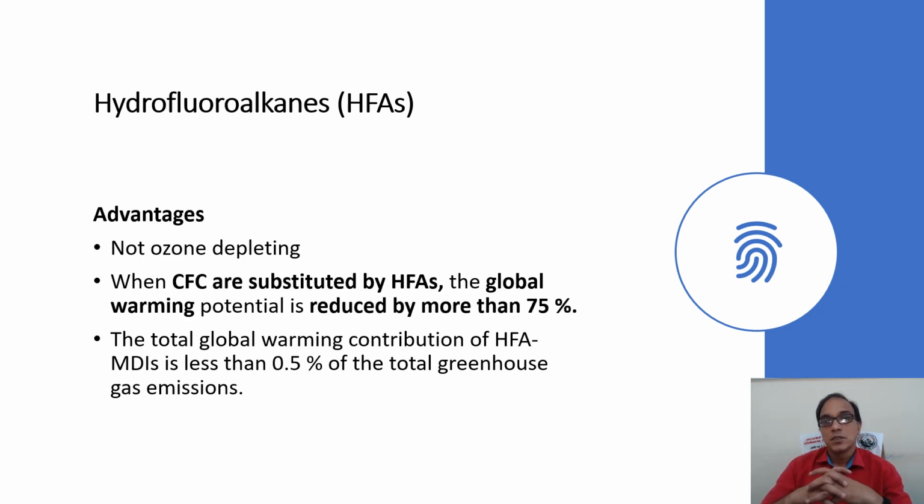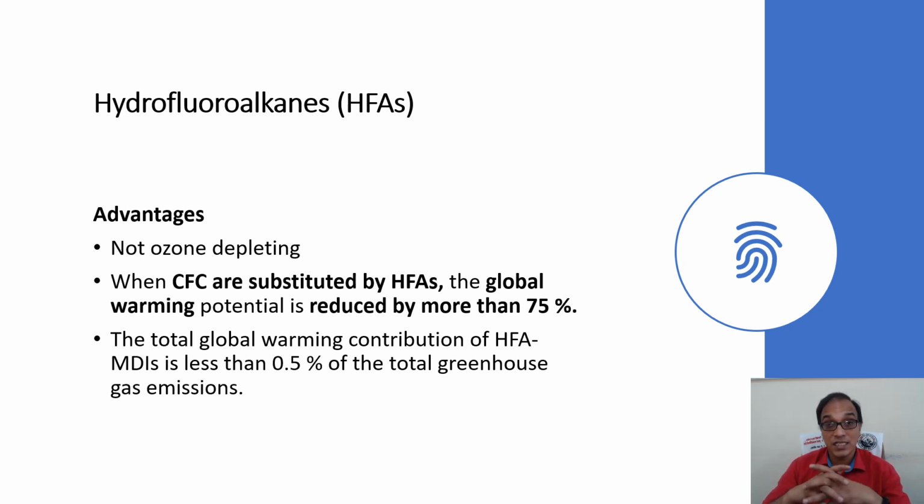And the most important point is they are environment friendly. They don't deplete the ozone layer. When CFCs are substituted by HFAs, the global warming potential is reduced by more than 75%. So very big help to the environment. The total global warming contribution of HFA MDIs is less than 0.5% of the total greenhouse gas emissions.